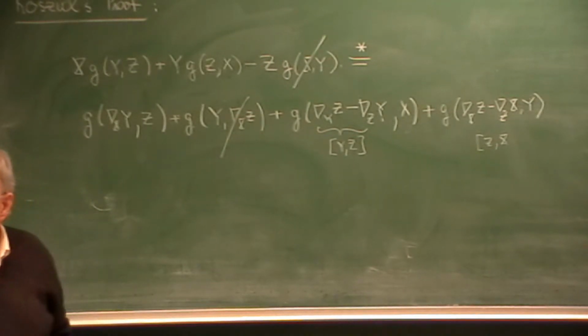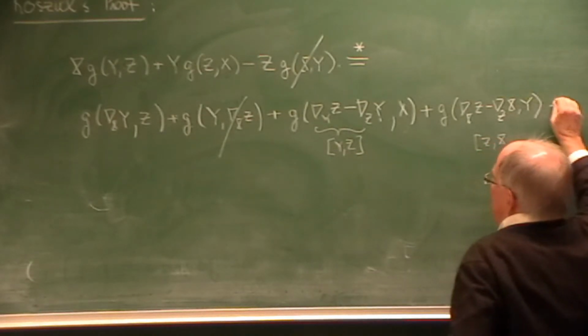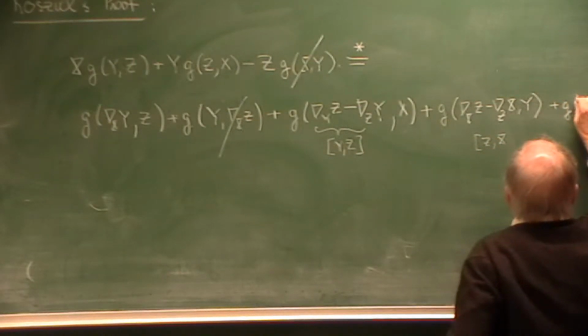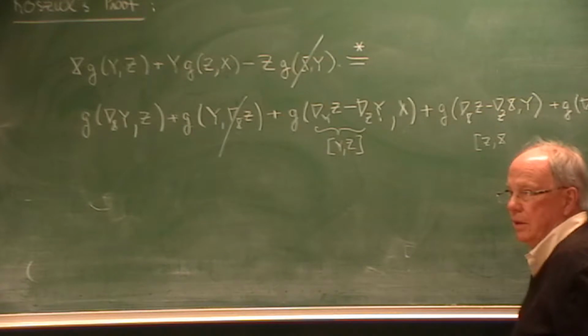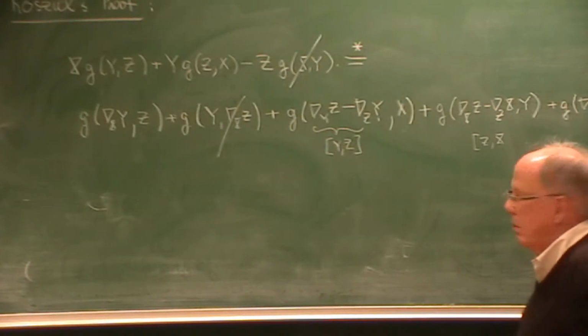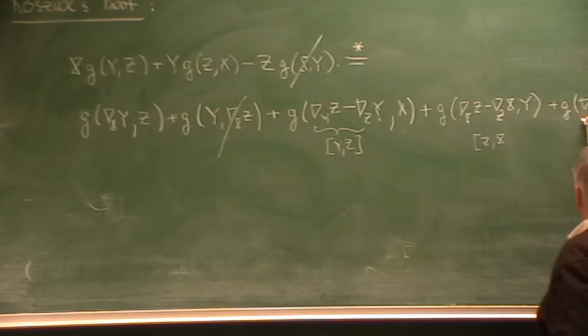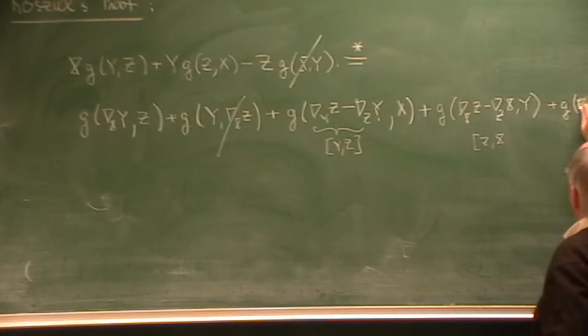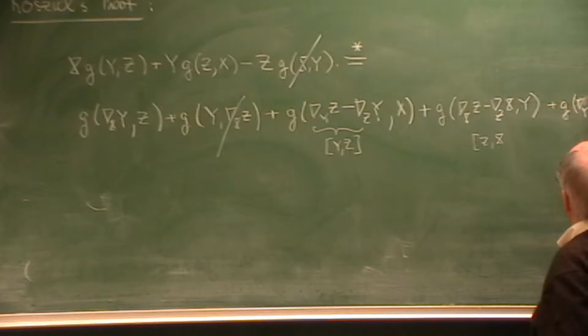So is this okay, except I've left something out? What did I leave out? G of nabla Y of X and Z. So I should write G of nabla Y of X? That's what you're saying? Nabla sub Y of X and Z. No, that's just that.